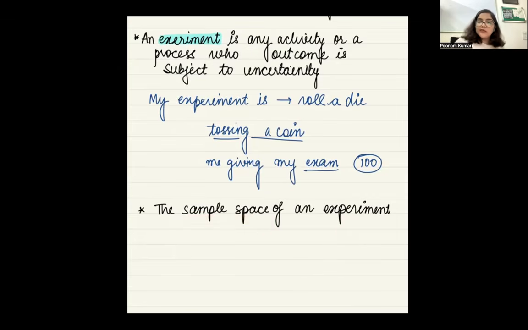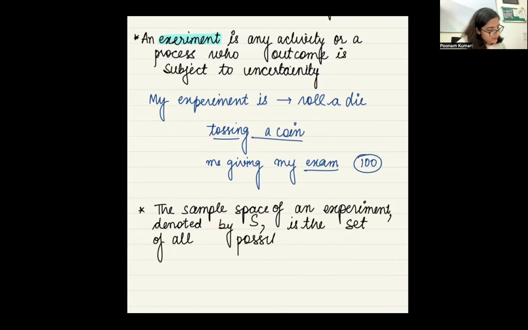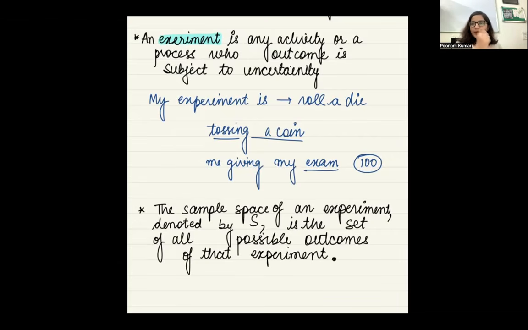So the sample space of an experiment, which is denoted by S, is nothing but the set of all possible outcomes of that experiment. So whenever you do an experiment, there are multiple things which are possible. And if you list down all the possibilities of that experiment in a set, you call it a sample space. Okay.